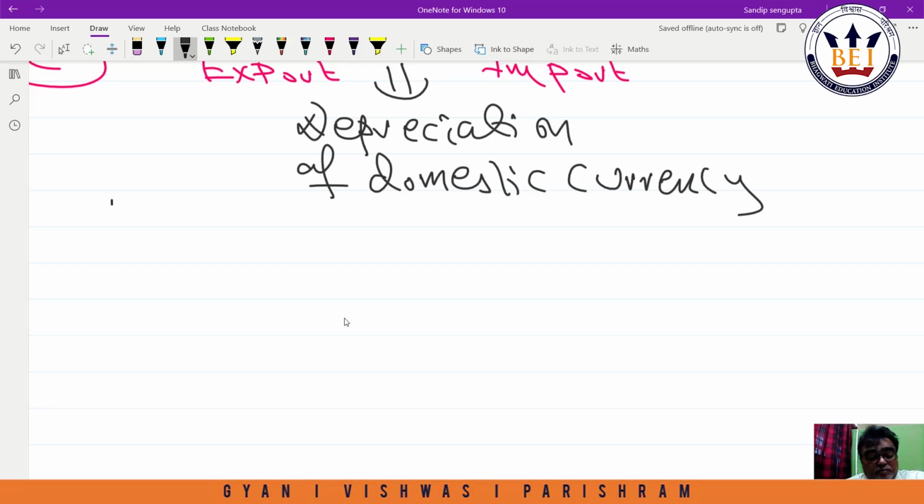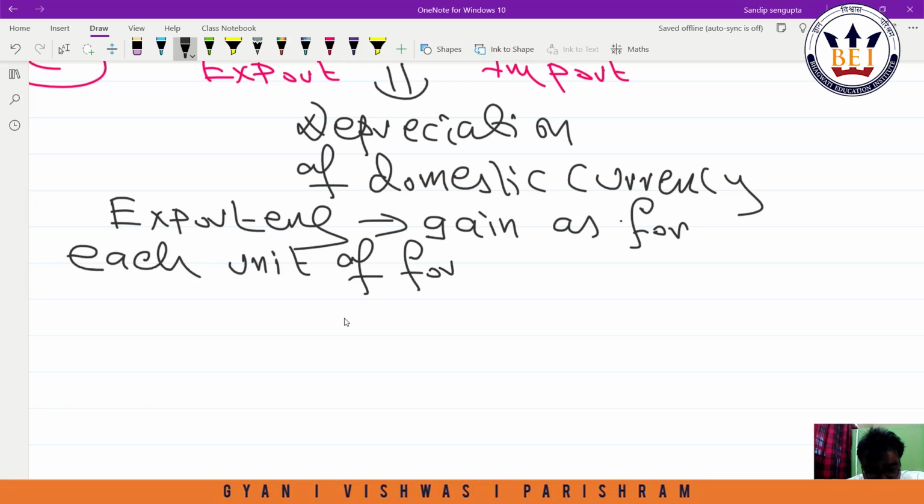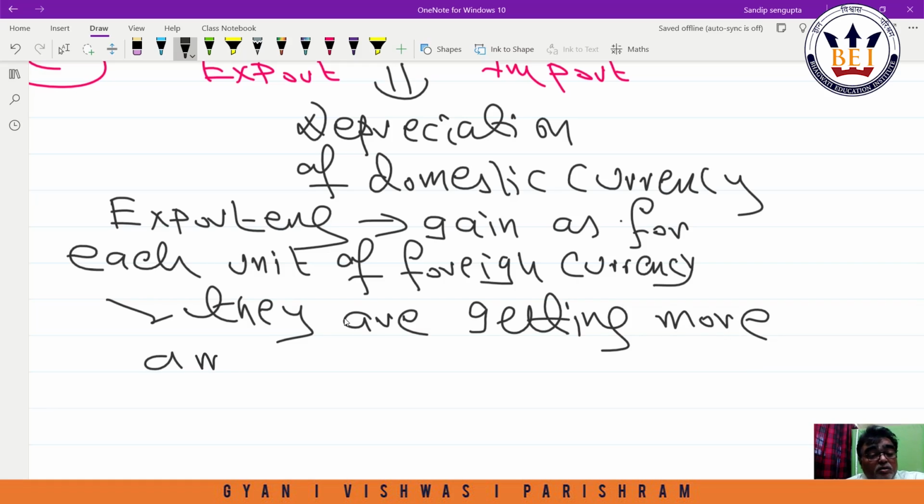So common sense, the exporter should gain, as for each unit of foreign currency they are getting more amount of domestic currency.